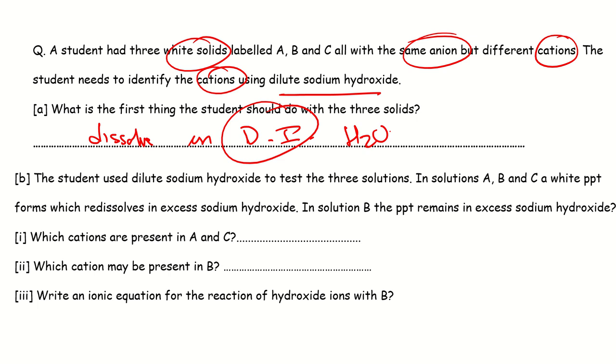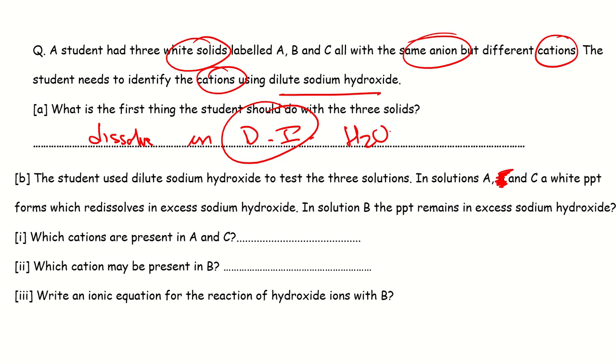The student used dilute sodium hydroxide to test the 3 solutions. Okay, in solutions A, B, and C, a white precipitate forms, which redissolves in excess sodium hydroxide. Okay, in solution B, the white precipitate remains in excess sodium hydroxide. Okay, I think that's meant to be not, the B is not meant to be there, sorry.